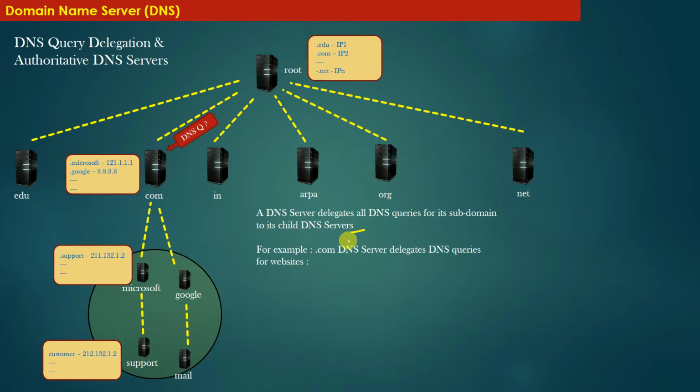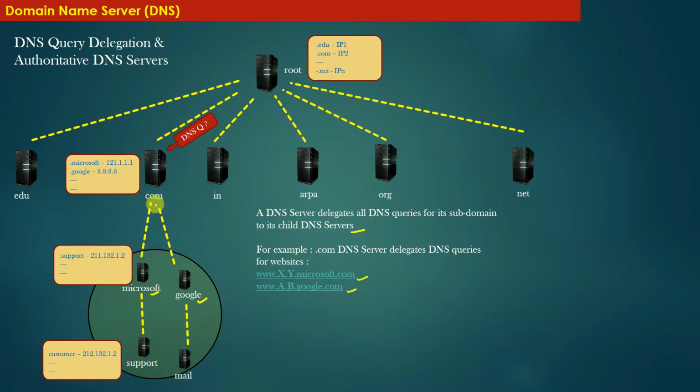You can see in this example that when the .com DNS server receives the DNS query, it simply delegates this query to its child DNS servers. We assume the DNS query is coming for the domain names Microsoft.com and Google.com. So in this example, .microsoft and .google are the child DNS servers of the .com DNS server.